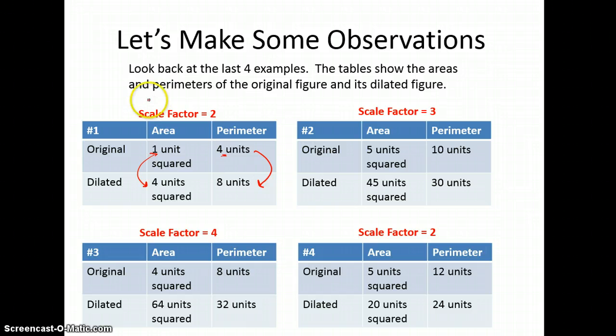And I'll give you a hint: you're going to want to take note of the scale factor. Pause the video and write your observations in the summary section of your WSQ. Then hit play and we'll do some practice.